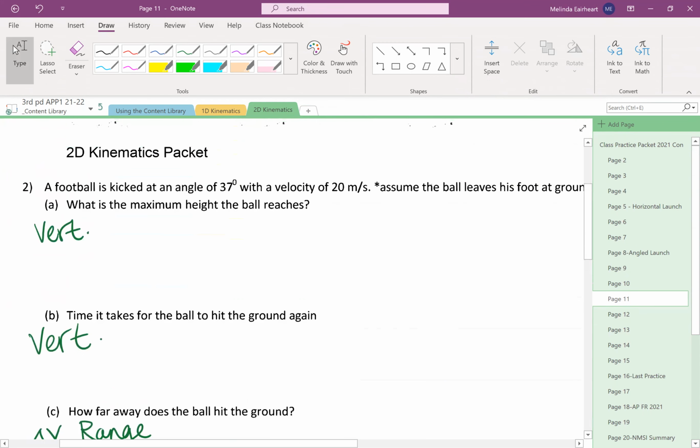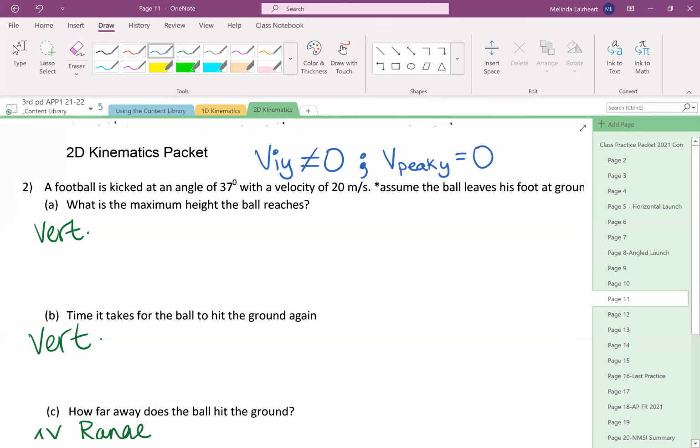Our initial velocity in the vertical is not 0 anymore. But what is 0 is the velocity at the peak in the vertical direction, the peaky velocity, because that's fun. So what maximum height does the ball reach? We want to think about the vertical stuff. So what do I know vertically?